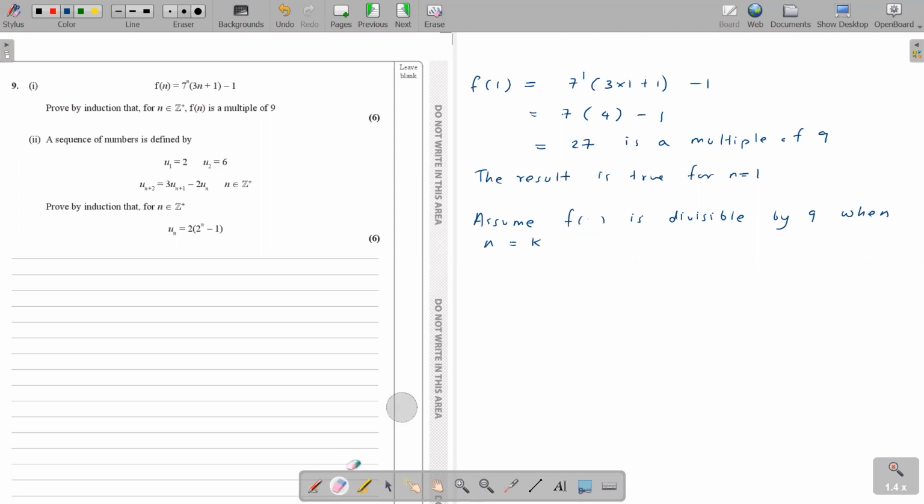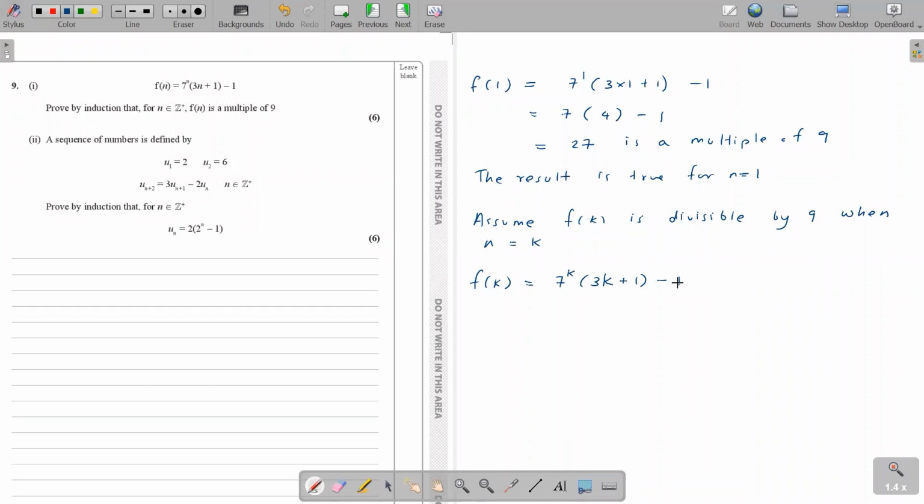That's how you create Fk. So then what is Fk? F of k is, you write the equation, it's 7 to the power k times 3k plus 1 minus 1. Do you agree with me? So we assume that the Fk expression is divisible by 9.